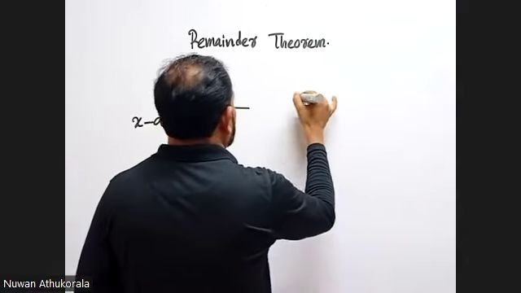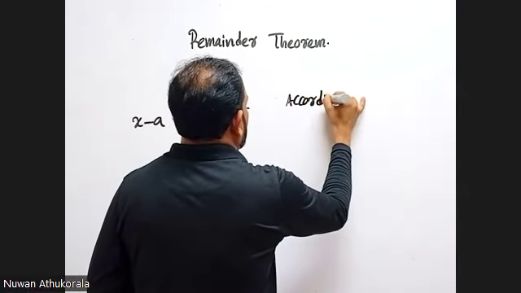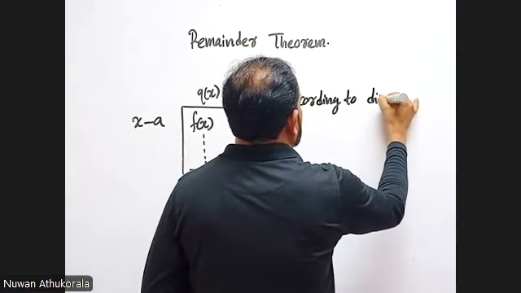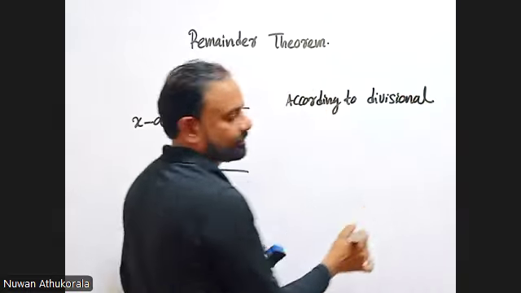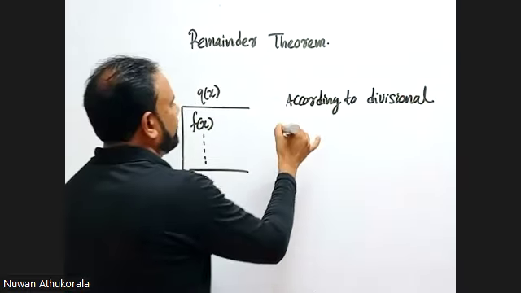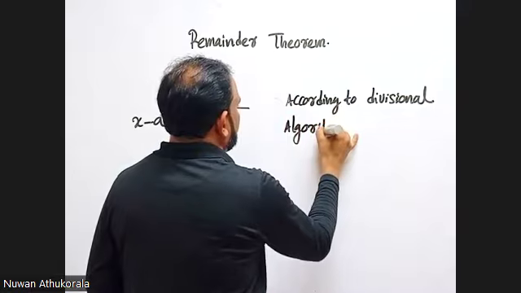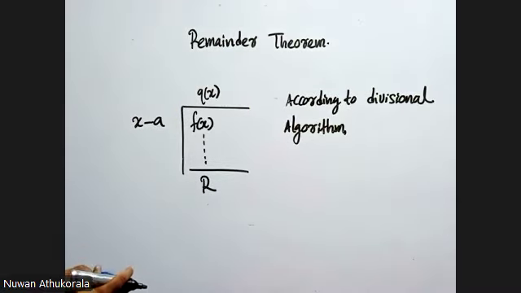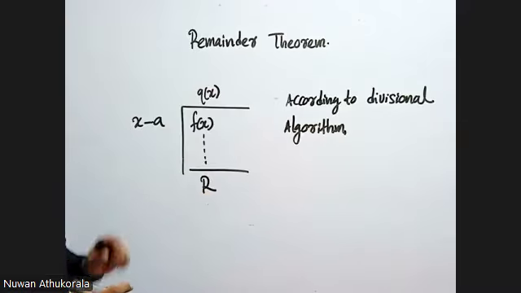According to the division algorithm, how to write the equation consisting of dividend, divisor, quotient and remainder?